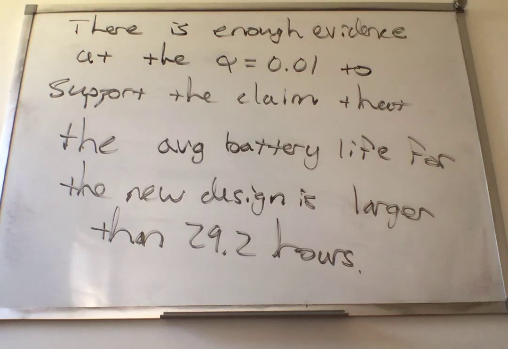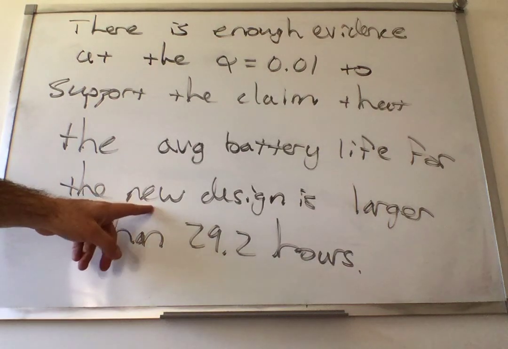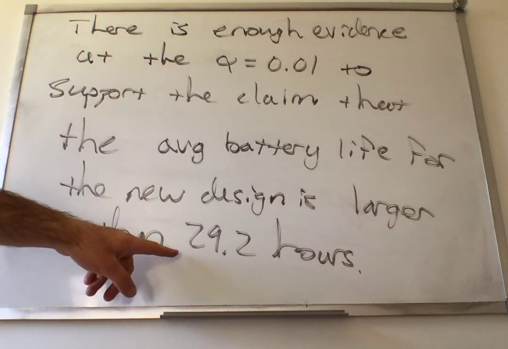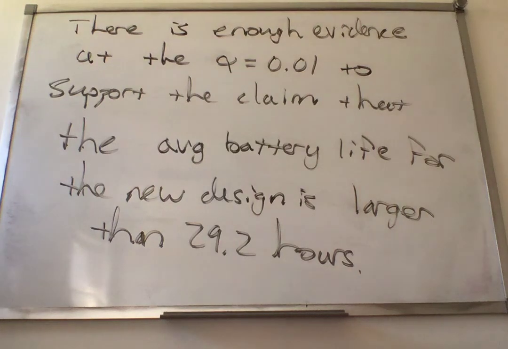The claim was, the engineer claimed that his new battery design has an average battery life of longer than 29.2 hours. We went ahead and took a sample. From that sample, we used the sample data to calculate a p-value, and from that p-value, we were able to determine that our null hypothesis that the average battery life was less than or equal to 29.2 hours was incorrect.